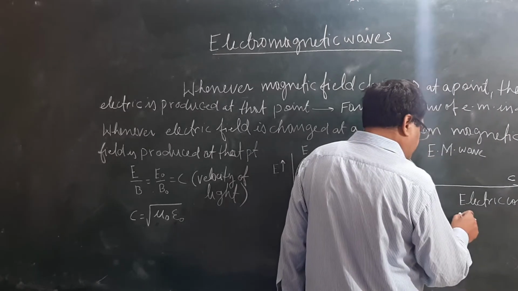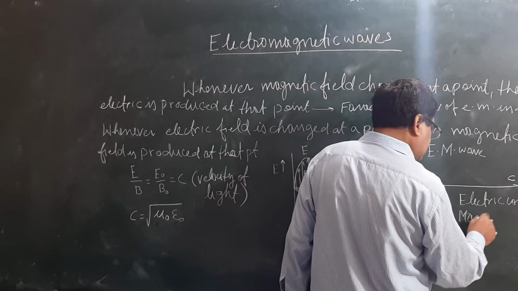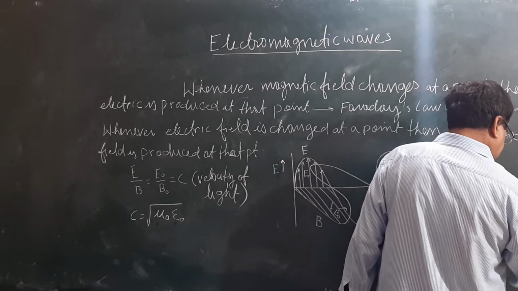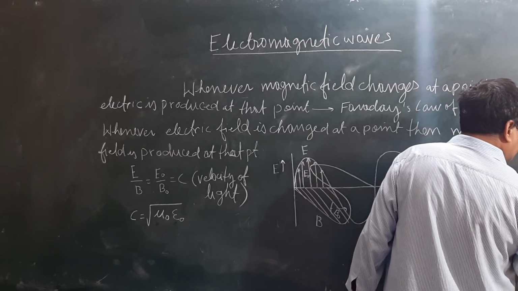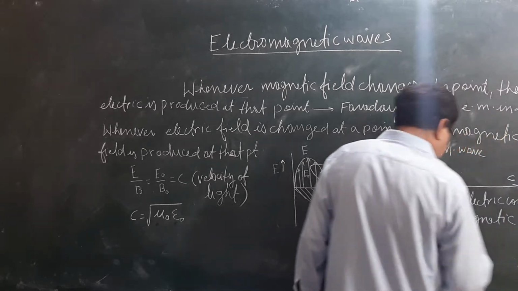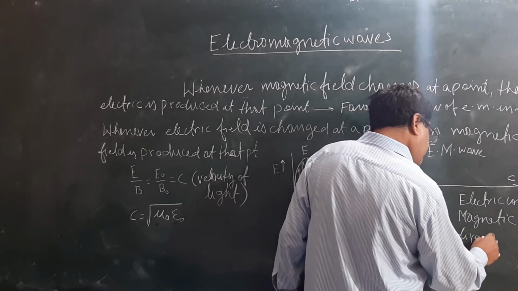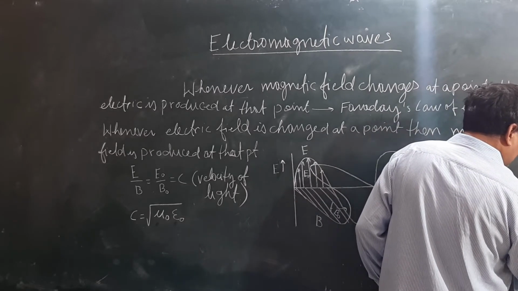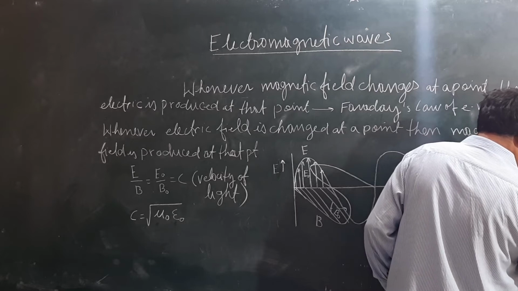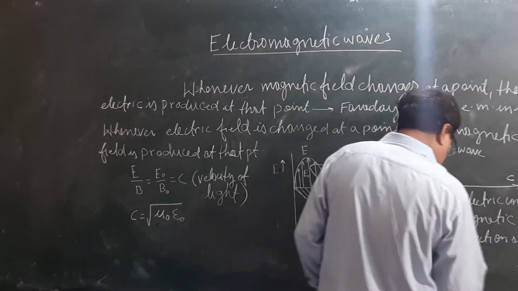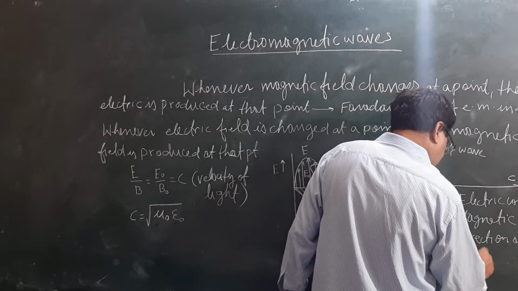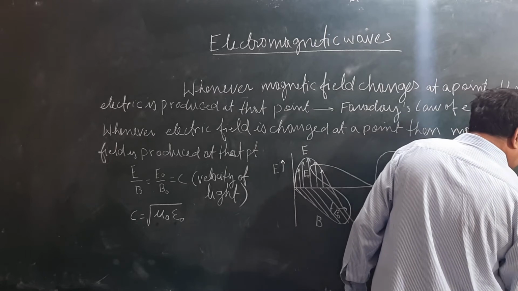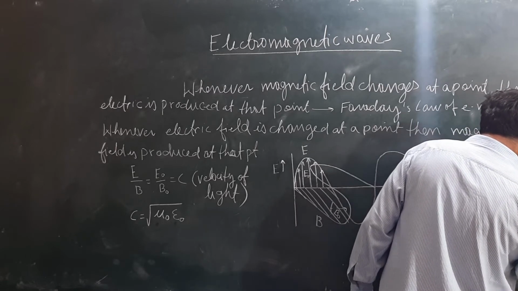So we can say that the electric component, the magnetic component, and the direction of propagation of wave are mutually perpendicular to each other.